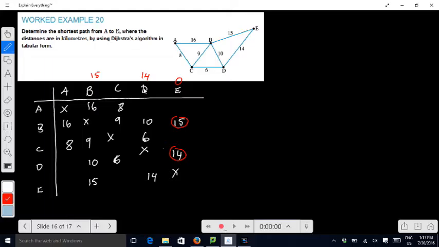And the next one is a 10. So add 14 and 10, which equals 24. And this is greater than 15 already above B, so we don't want that choice.